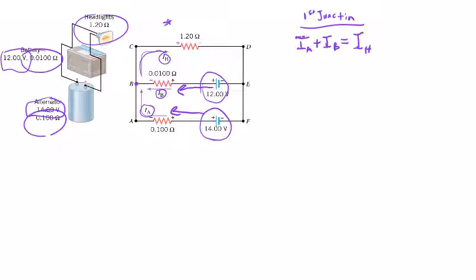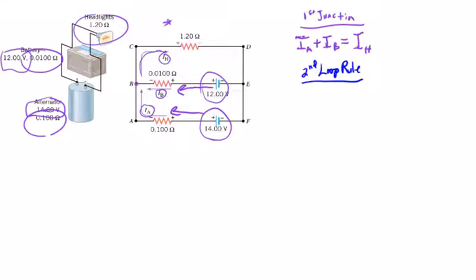The second one is what's known as the loop rule. And this one is going to create more setups. The way you do this is technically you would have three different loops you could look at. And you just pick a direction for these loops. It doesn't really matter what direction you pick, and you're usually trying to follow the current as best you can.